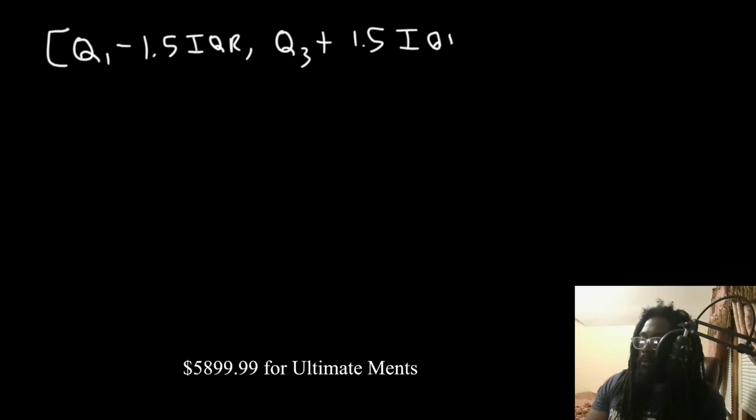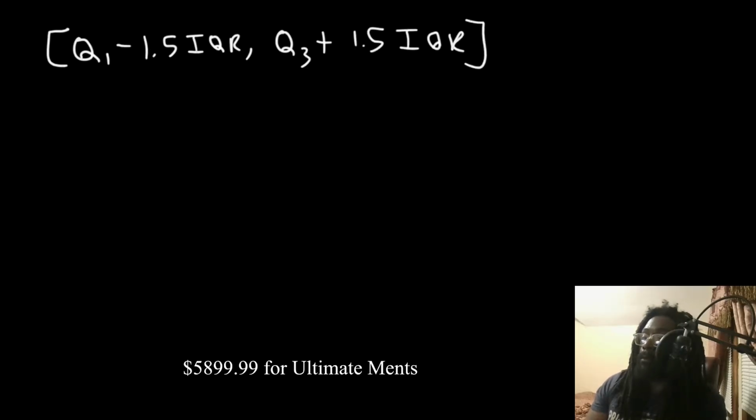So here's what you need to know. It's not going to be an outlier if it's within this range. If it's between Q1 minus 1.5 times the IQR, so that's the lowest that it can be, or the highest it can be is Q3 plus 1.5 times the IQR.